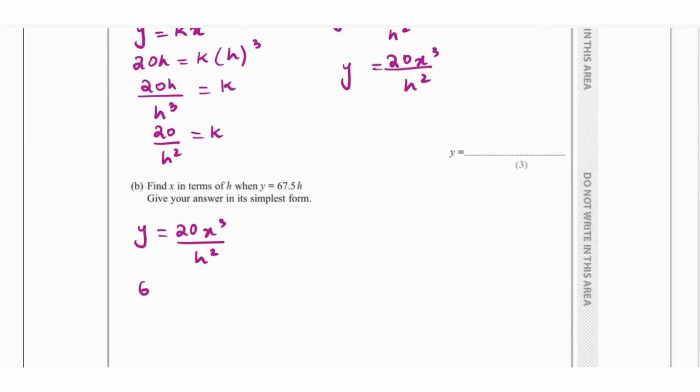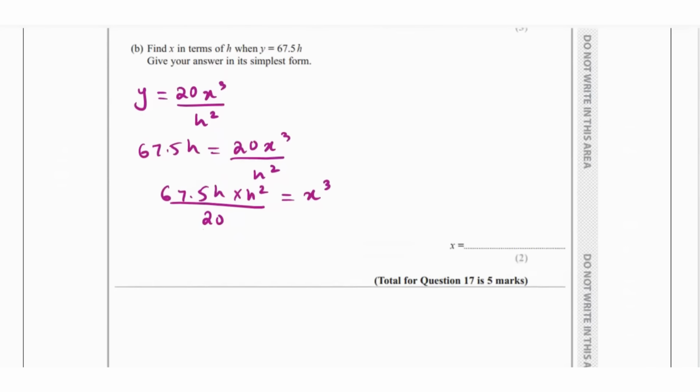Y is given as 67.5h equals 20x cube over h square. 67.5h times h square divided by 20 is x cube. 67.5h cube over 20. We take the cube root to find the value of x. So x is 1.5h.